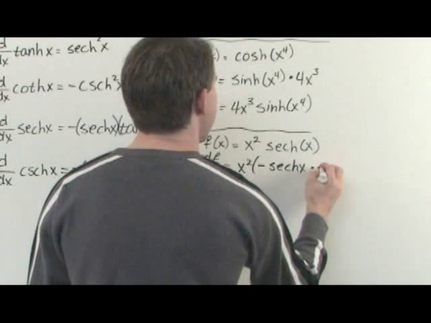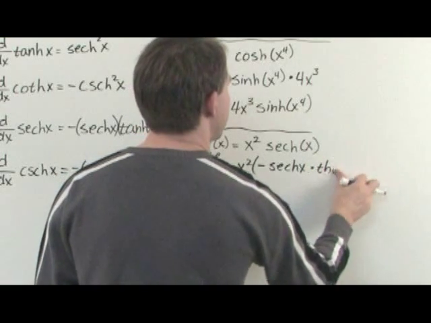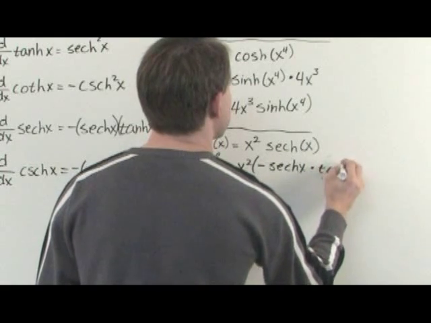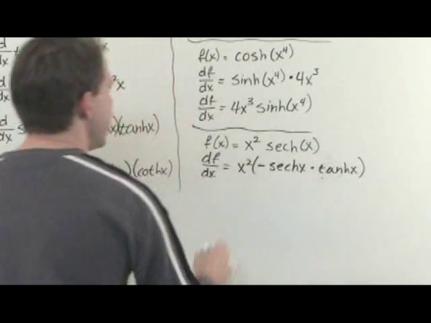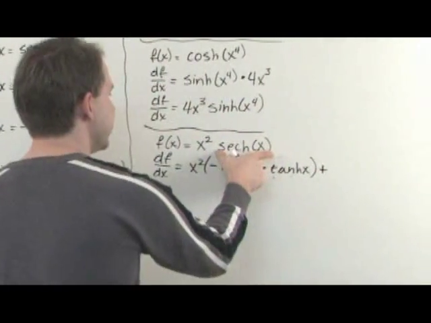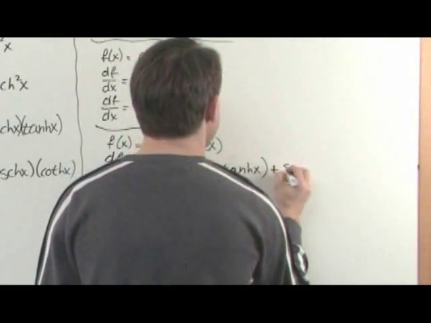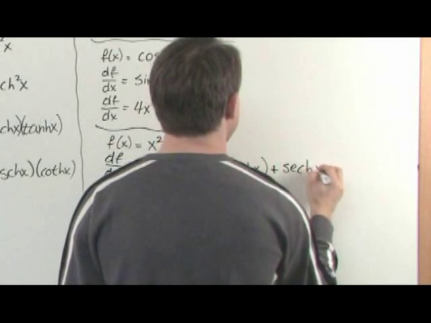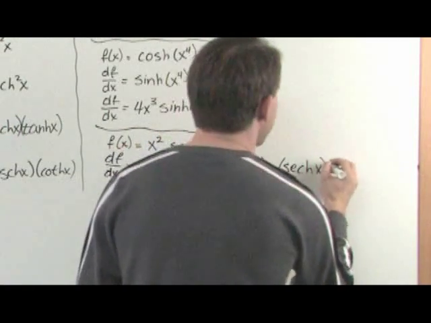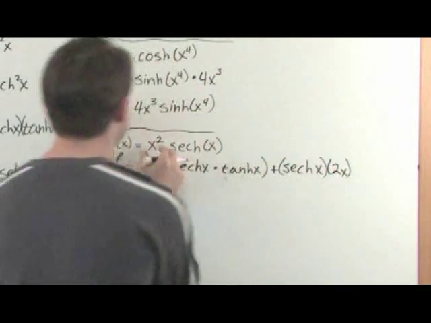And what we're going to do now is work the derivative of x squared times hyperbolic tangent of x. Okay, now it's this times the derivative of this plus this times the derivative of this. So we just write hyperbolic secant of x times the derivative of the first function, which is just 2x, because the derivative of x squared is 2x.